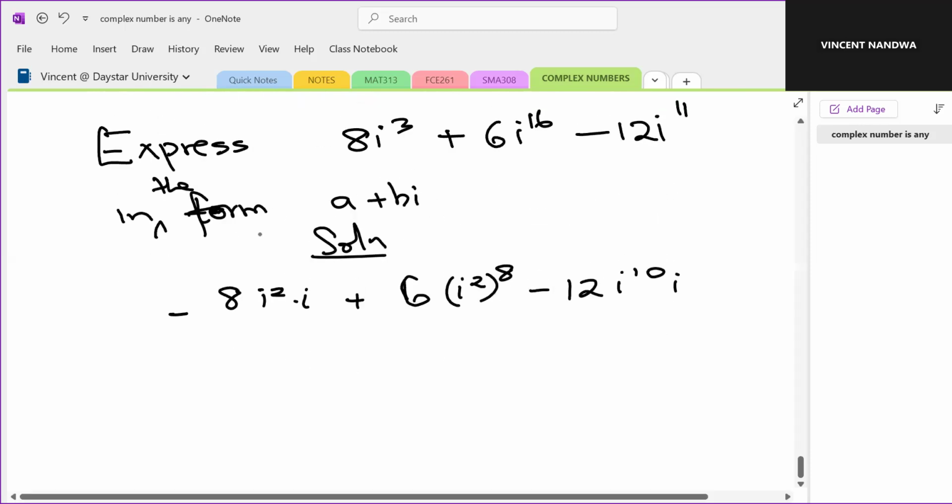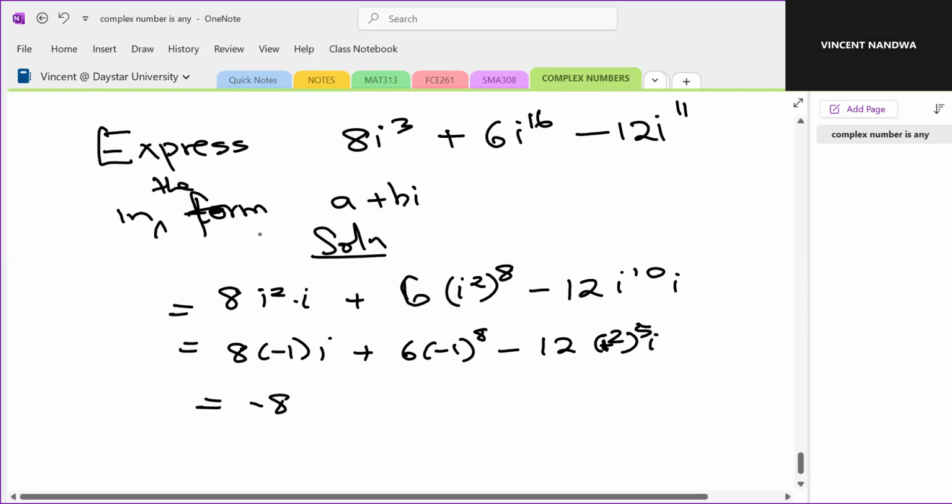Then this will be the same as 8 times minus 1 times i plus 6 times minus 1 power 8 minus 12, and I can write this one as i squared power 5 times i.